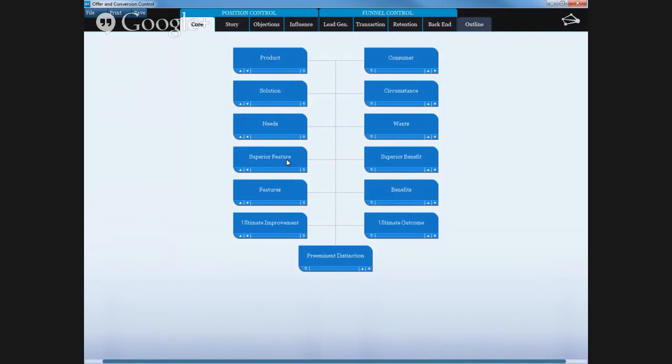I think we've all been around long enough to know the true definition of each, but just bear in mind that when you're thinking about your benefits, you really want to think about benefits at least a couple of layers deep. What many people tend to do is make the mistake of just illustrating a feature. So let's say a feature of software might be multiple tab editing, or whatever the case may be.